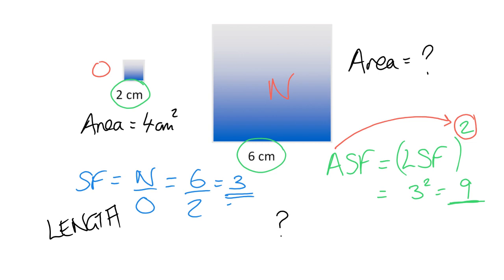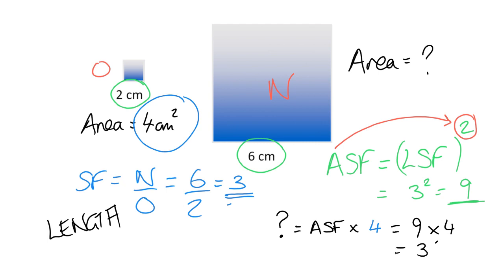The question mark equals, this time, instead of multiplying by the scale factor, you multiply by the area scale factor times the missing area. In this case, the missing area is 4, so times by 4. So we have the area scale factor, which was 9, times by 4 is 36 centimeters squared. And we know that from the previous example, plus our understanding of squares, 6 times 6 is 36.